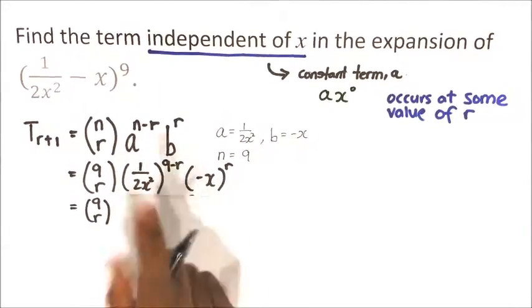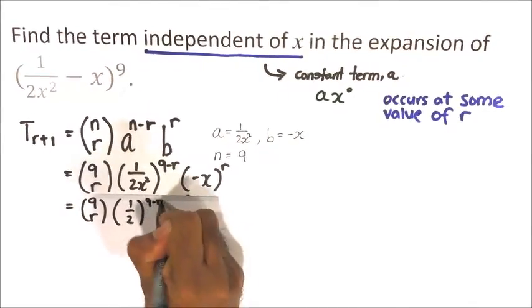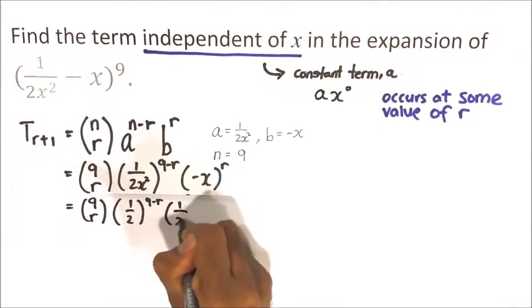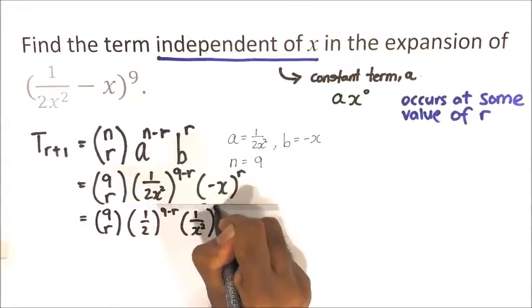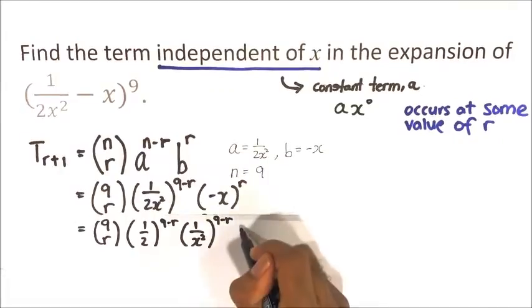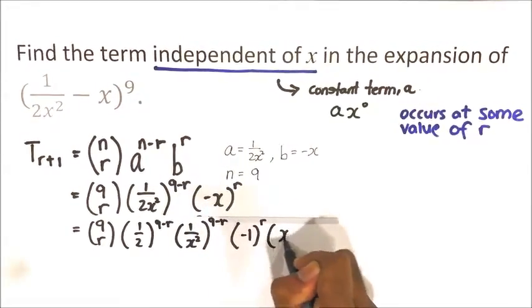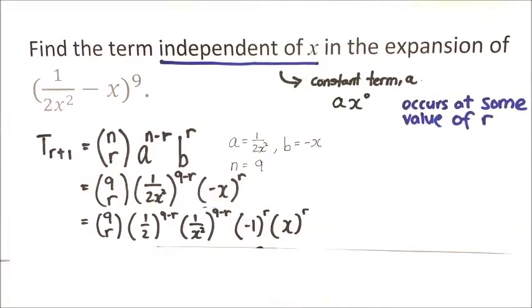So this entire term can be rewritten as half to the power of 9 minus r times 1 over x squared to the power of 9 minus r. And negative x to the power of r in a similar way can be written as negative 1 to the power of r times x to the power of r.